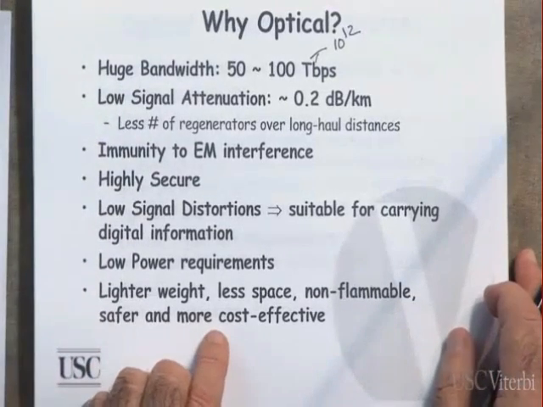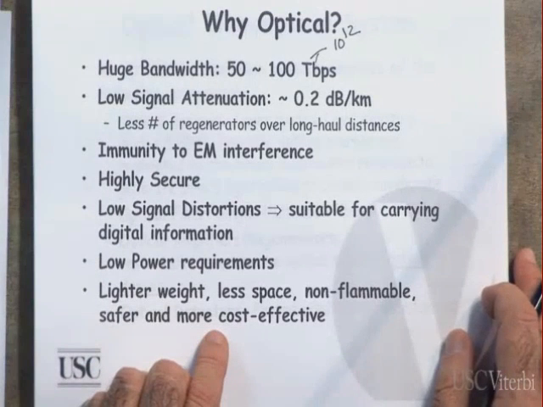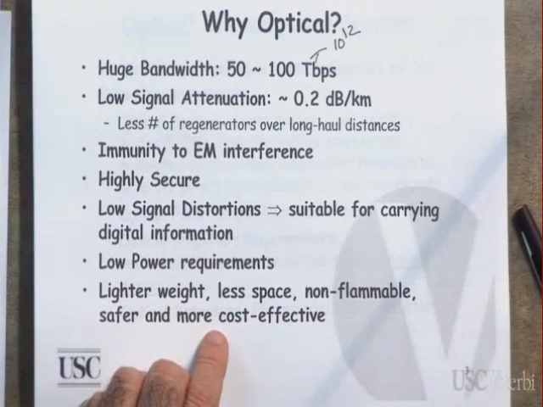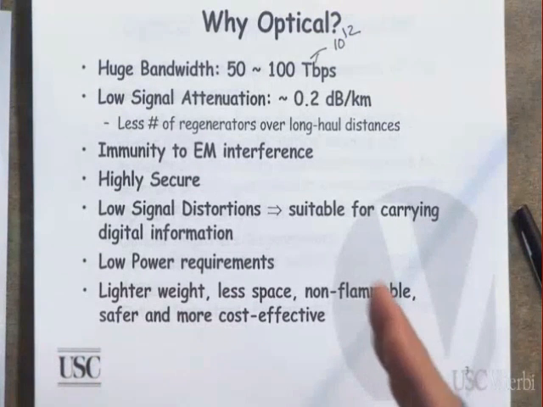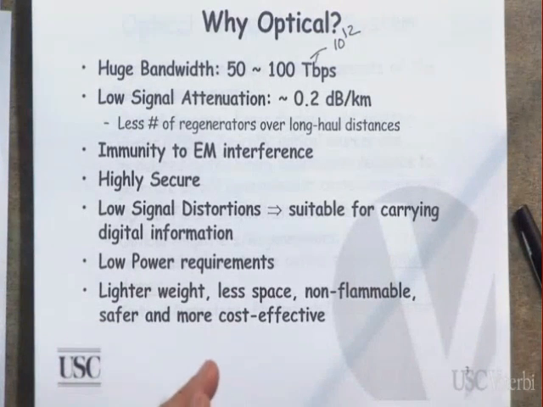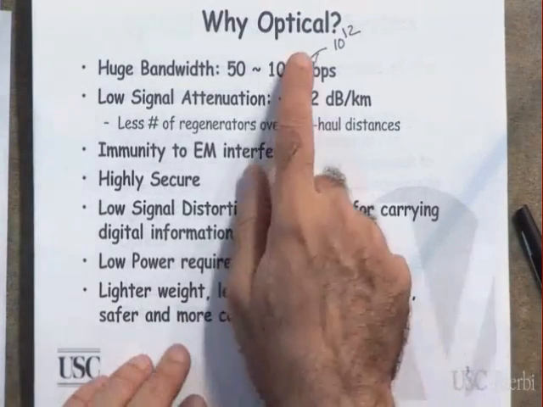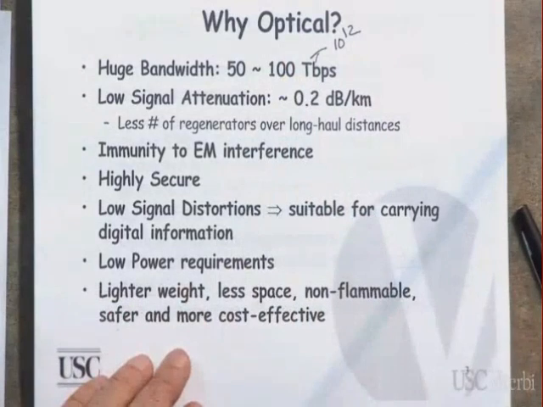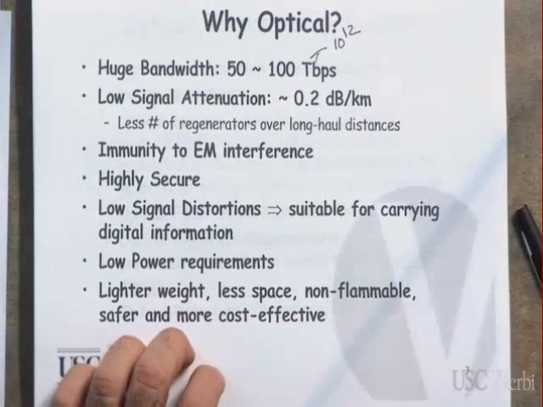Now, let me just make one comment about the cost-effectiveness. I'm not talking about an optical fiber being cheaper than a telephone wire. If you compare the same capacity, the same bandwidth of fiber with an equivalent number of telephone lines that have the same bandwidth as the fiber, you cannot compare the two.